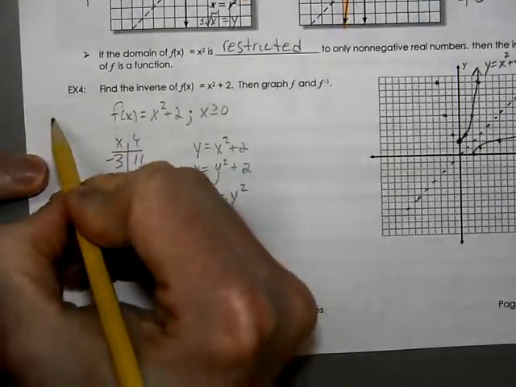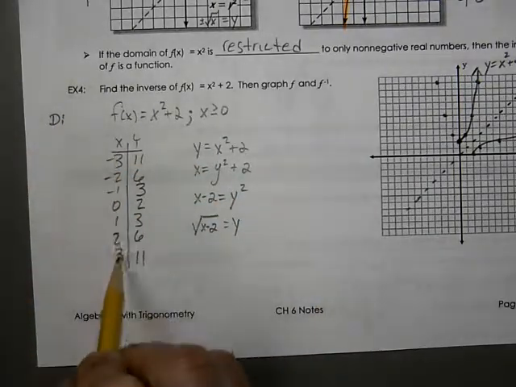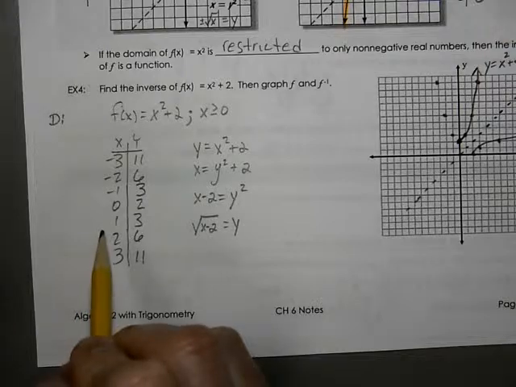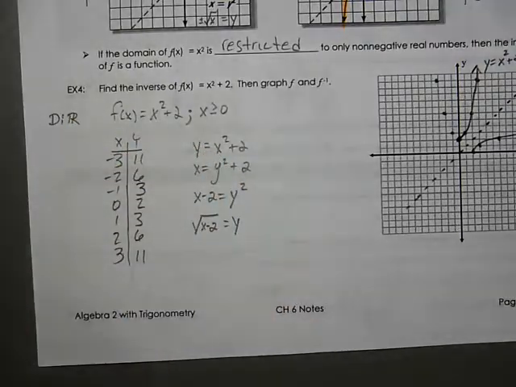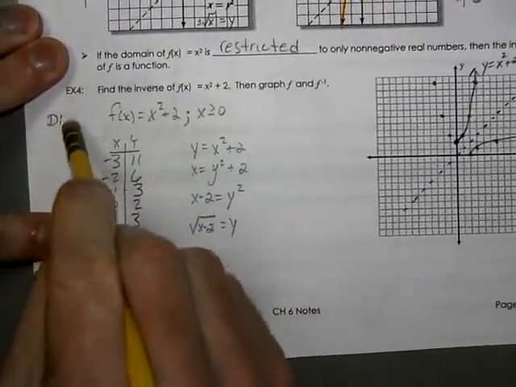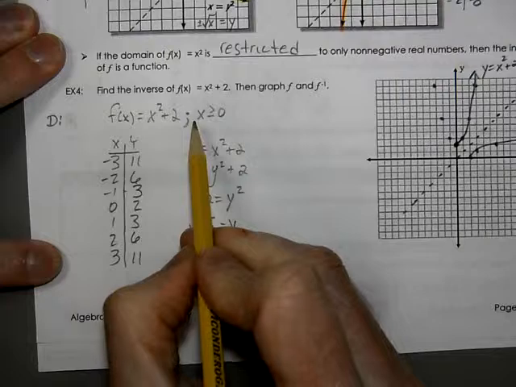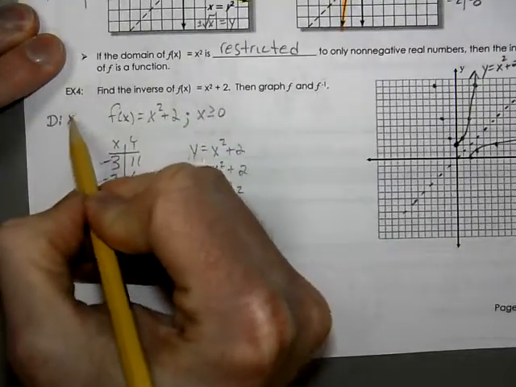Well, the original graph, the domain, we could plug in positive or negative numbers for our domain, so we'd get all real numbers. But let me restrict that. We're going to restrict that to only looking at the values where x is greater than or equal to 0.